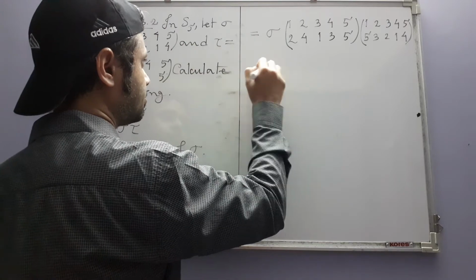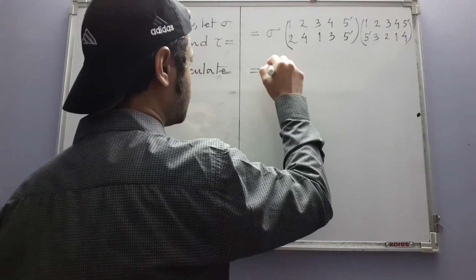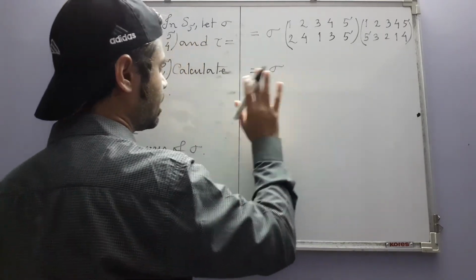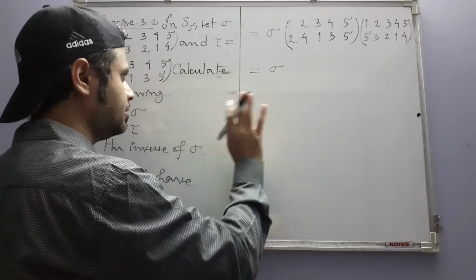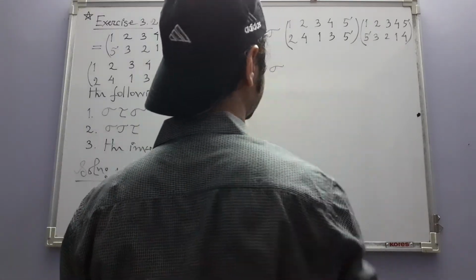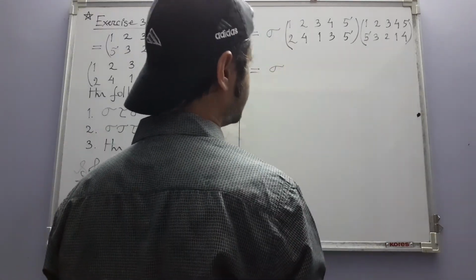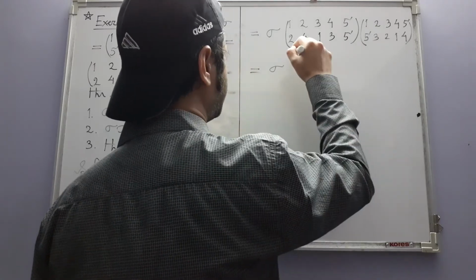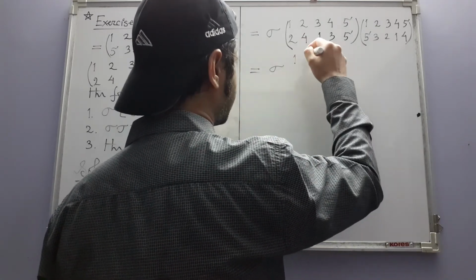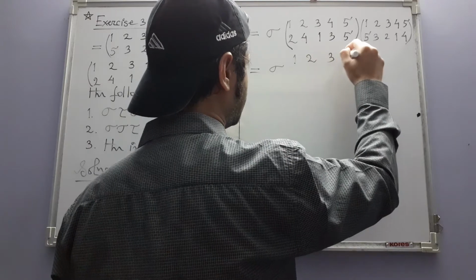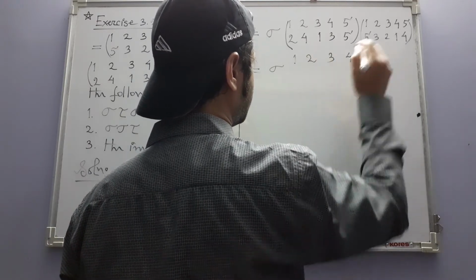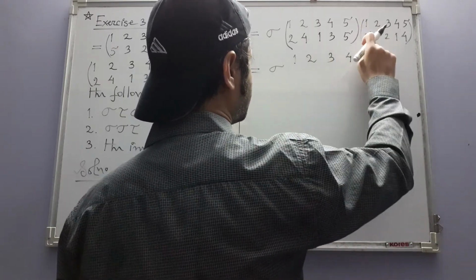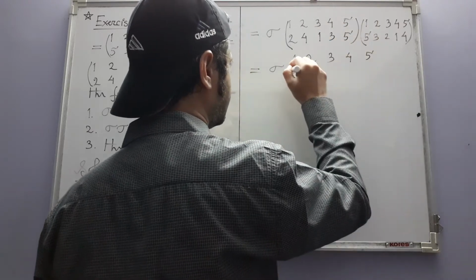Okay. Now, for the sake of understanding, I am again keeping this sigma as it is, and let us now calculate this product first, like how we calculated previously. So 1 goes to 5 and 5 then again goes to 5.